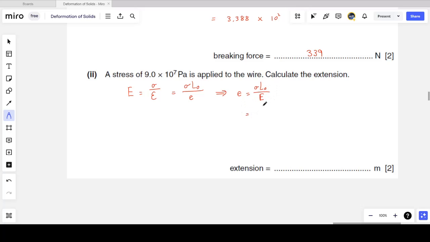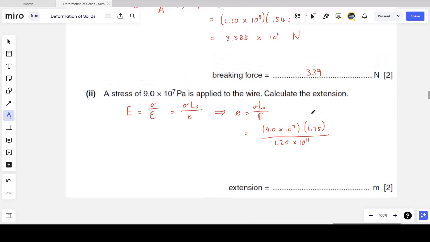So the stress, I'm told, is 9 times 10 to the power 7 pascals, so well within the breaking stress, times the length of this wire, which is 1.75 meters, which was given as well, and the Young modulus was 1.2 times 10 to the power 11 pascals.